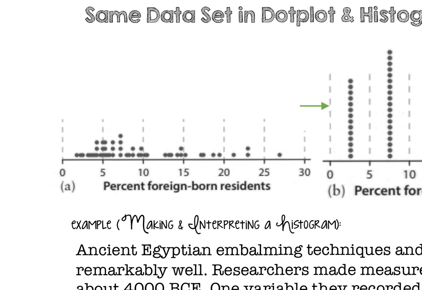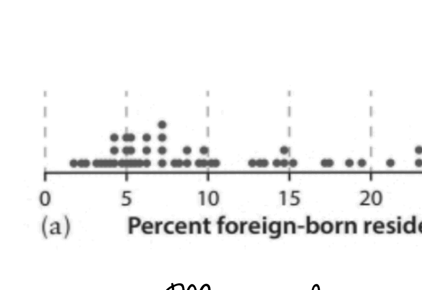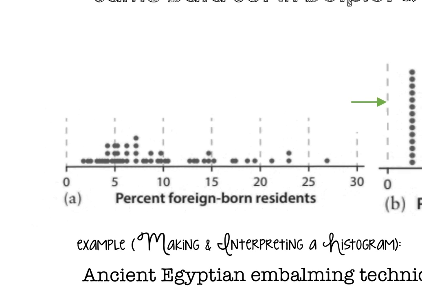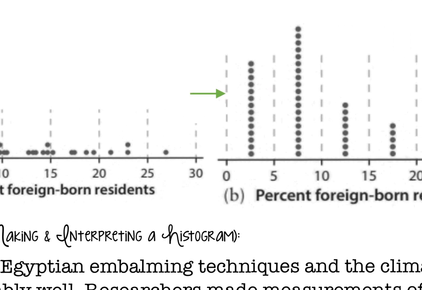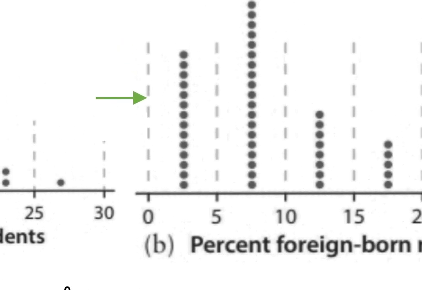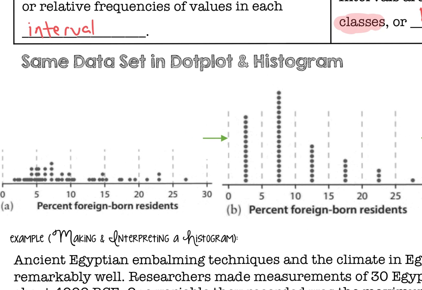If you look right here, I'm going to zoom in from 0 to 5. It's kind of hard to see, but you see a lot of individual dots there. Over here to the right, from 0 to 5, you see our class, our bin. They've stacked every dot that occurred between 0 and 5. So you see how much cleaner it gets when you go from 0 to 5 like this.